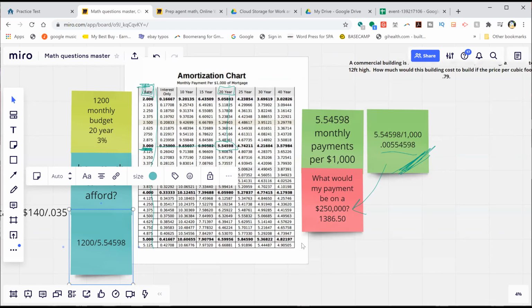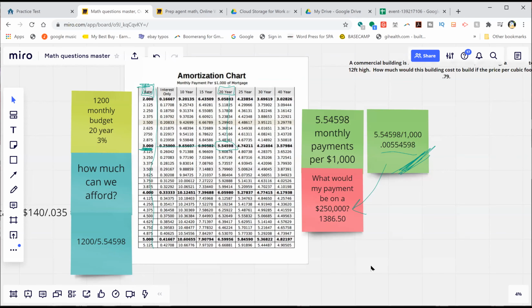5.54598. So here's the thing: don't look too much into it. I just told you, here's your monthly budget, and we're working off of this. So don't look at more or less of a real-life scenario, like, oh, we'd have to include insurance and taxes and all that stuff.